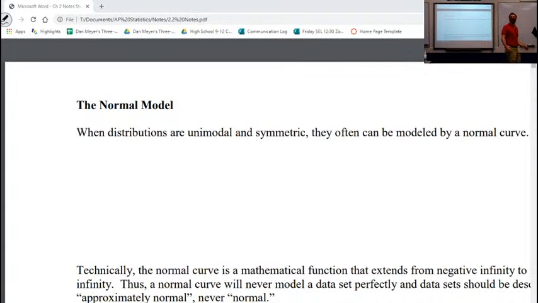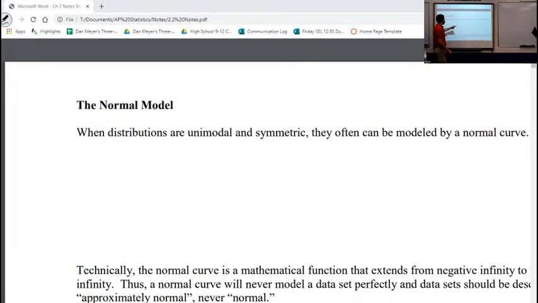So we're going to talk about a very specific shape of a distribution that comes up very often as a type of distribution that data fall into.